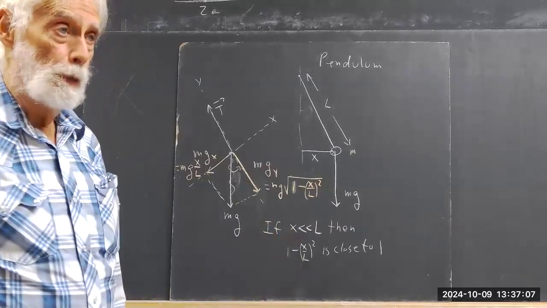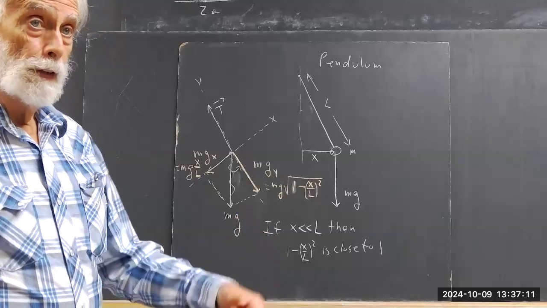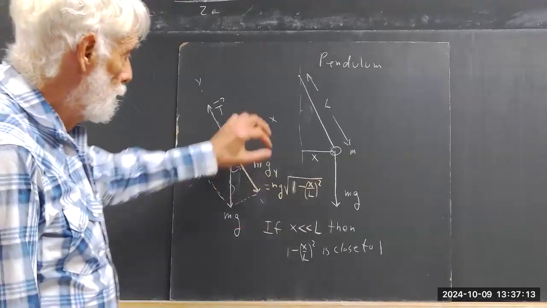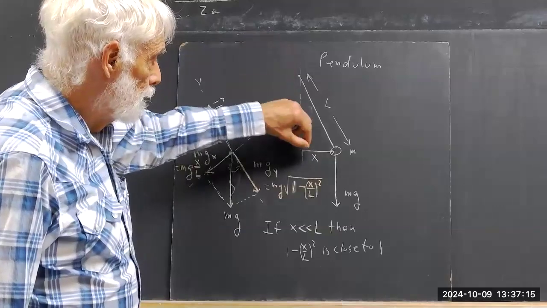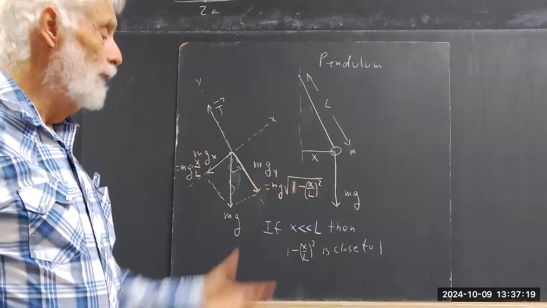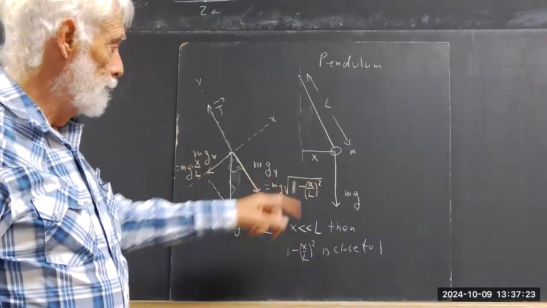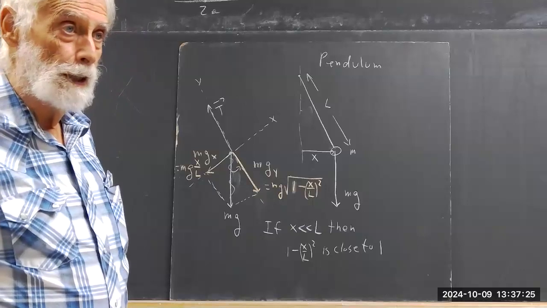Because X over L is small, when you square it, it gets tiny. Okay. X over L is 1/10. Now we only pull this back a tenth, the distance equal to a tenth of the length. X over L squared is 1/100. And you got 0.99 here, and the square root of 0.99 is 0.995.